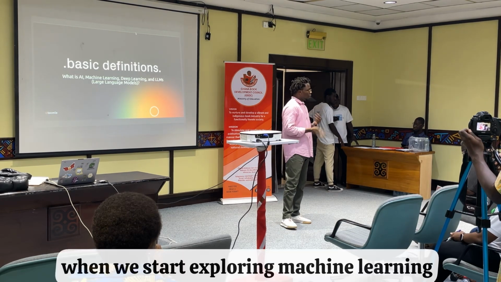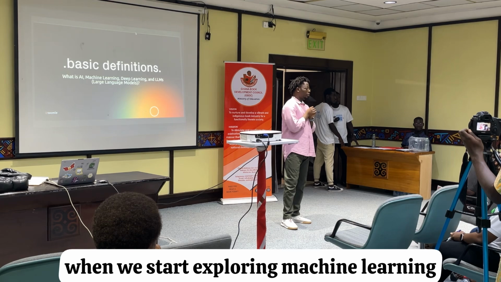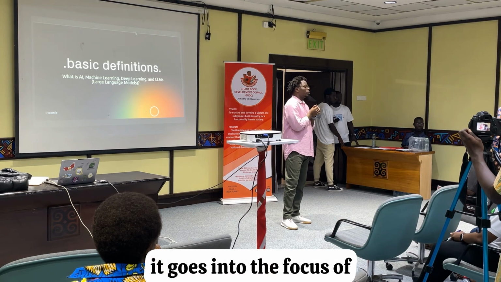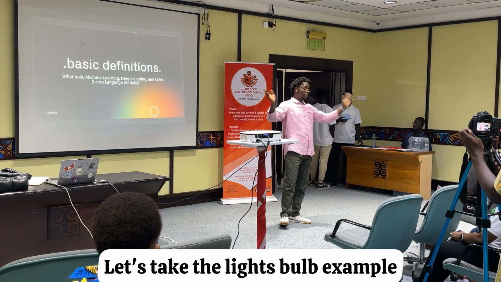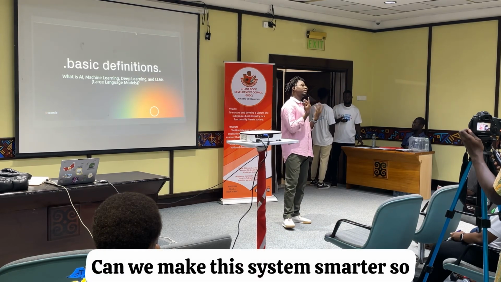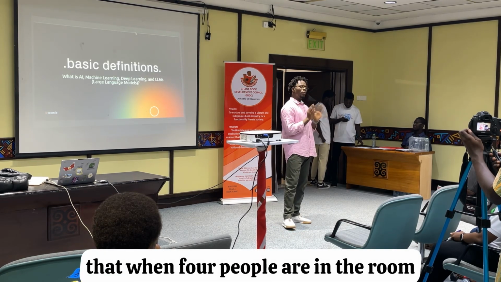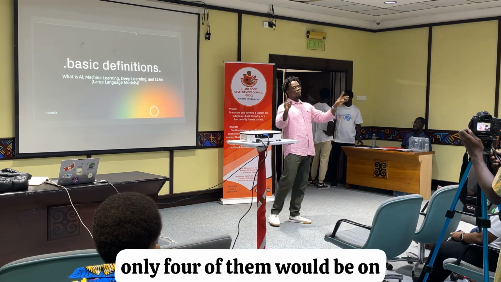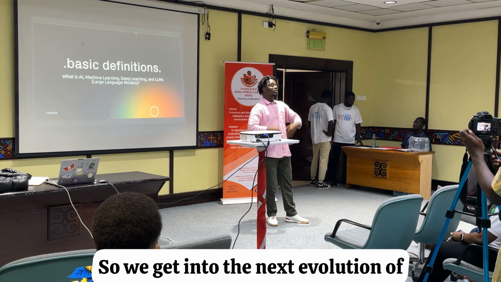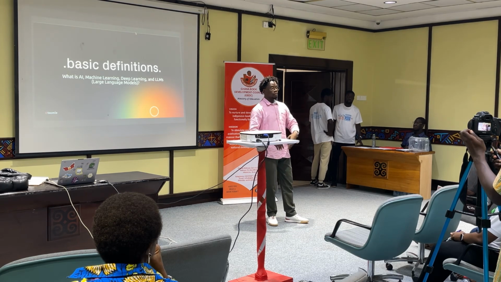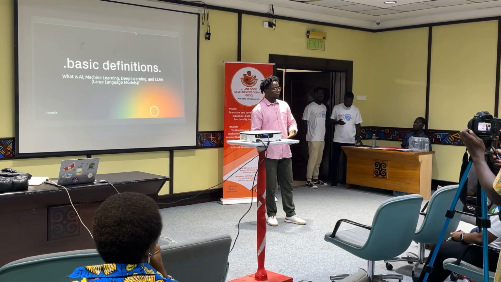Now, when we start exploring machine learning, it goes into the focus of, can we make this system smarter? Let's take the light bulb example. Can we make this system smarter so that when 4 people are in the room, only 4 of them would be on? So we get into the next evolution of instructing the systems.